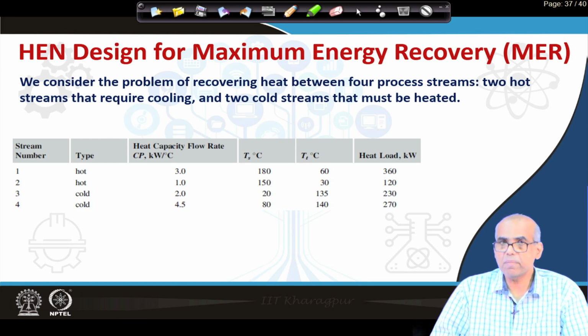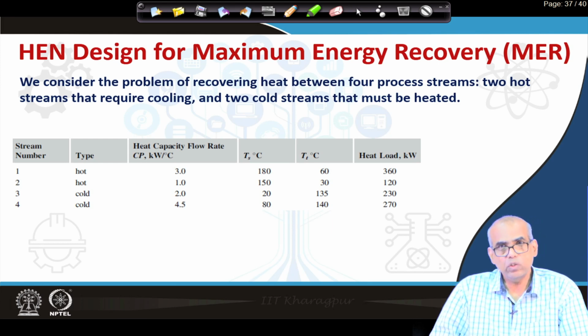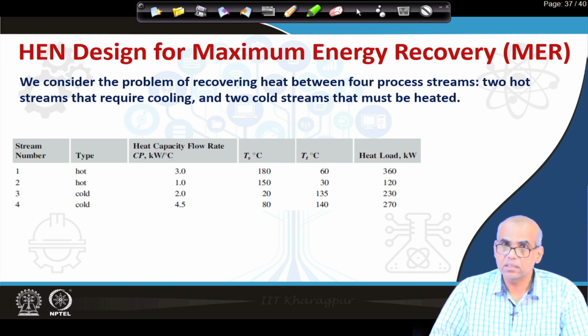This is also same as saying we want to make use of minimum utility. So, maximum energy recovery will correspond to minimum uses of hot utility, minimum uses of cold utility. So, that is the basis for design of this heat exchanger network.